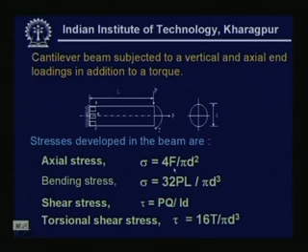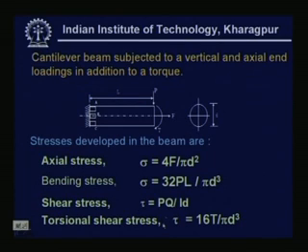Similarly, the shear stress we know is VQ by I B. In this case, the maximum shear stress is at the diametrical location, where V is the load P. Q is the first moment of area about the neutral axis, I is the moment of inertia about the neutral axis, and D is the diameter of the shaft.